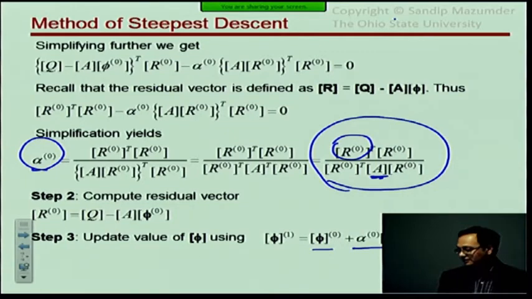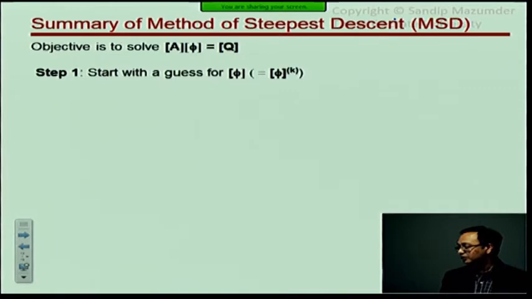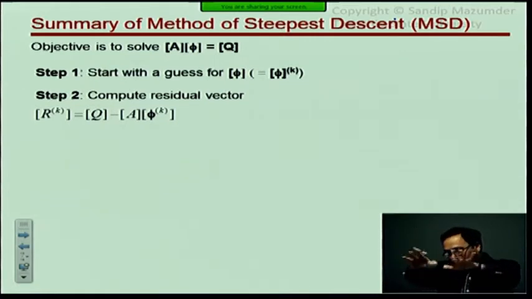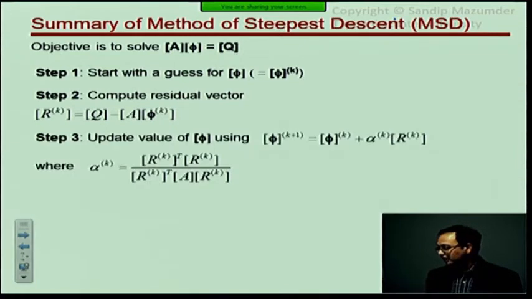Here is the summary of the whole thing. You start with a guess, in this case k starts with 0. You initialize your entire phi, let's say you're solving a partial differential equation. The first thing you do is calculate your residual, so you do Q minus A phi. I'll show you how to do that without using matrix operations. That gives you your residual. Now you ask, how do I calculate the next iteration value of phi?